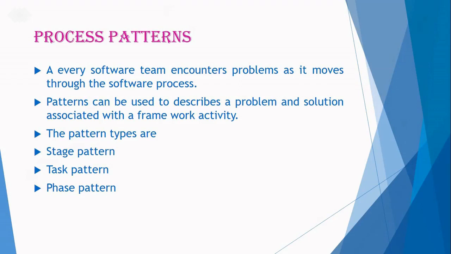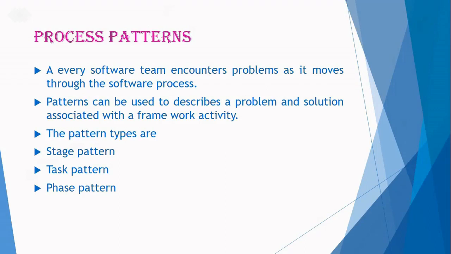Now we will know about the stage pattern. Stage pattern defines a problem associated with a framework activity for the process. Example, establishing communication. Now come to the task pattern. Task pattern defines a problem associated with a software engineering action or work task and relevant to successful software engineering practice.